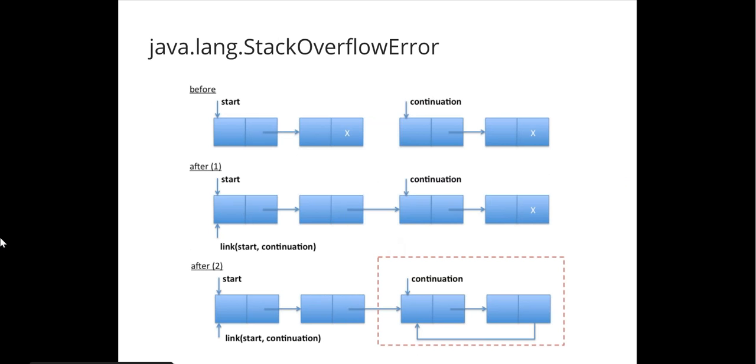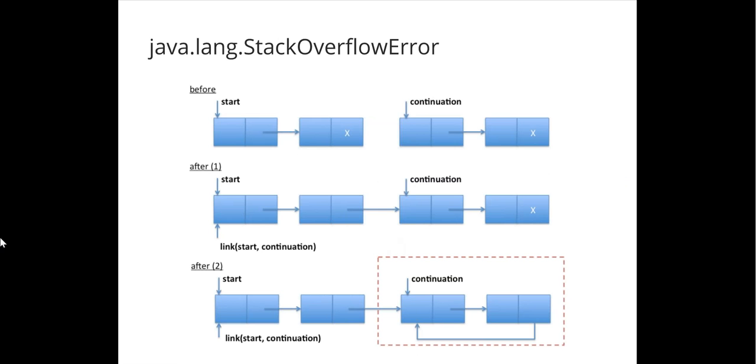Well, actually, this code would produce a StackOverflow error, so really nasty. A program would crash at runtime. The reason for that is, after the first call to link, we've modified the state of the starting journey, and someone else in the code might be making use of the starting journey and not expecting the change.